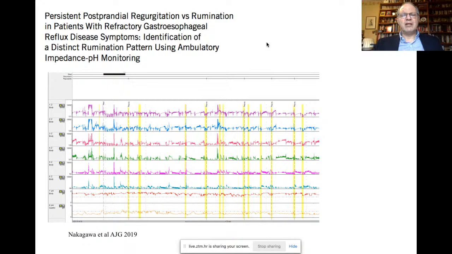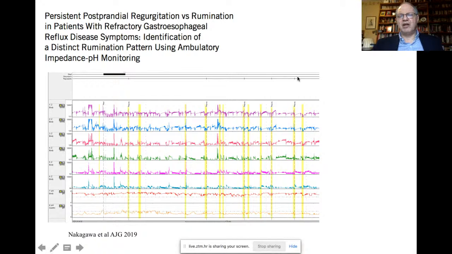Now, when we look at the impedance pH tracing in these patients, we identify a significant number of symptomatic non-acid reflux episodes that the patient is marking as regurgitation. Young people, particularly females, with this pattern have confirmed rumination syndrome in around 60% of the cases.